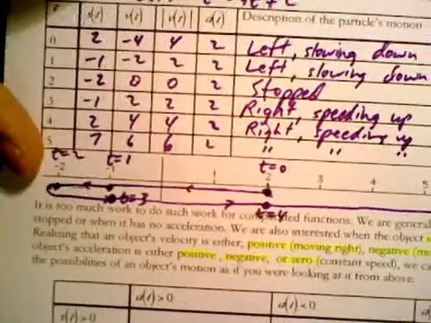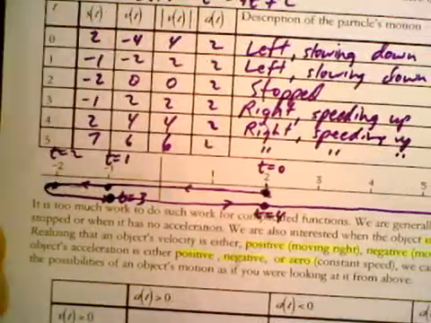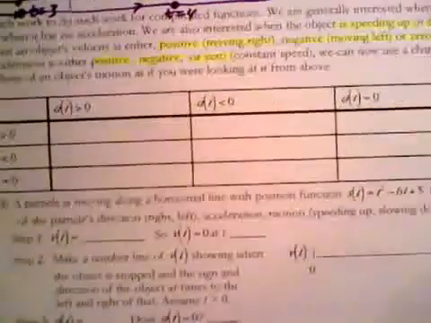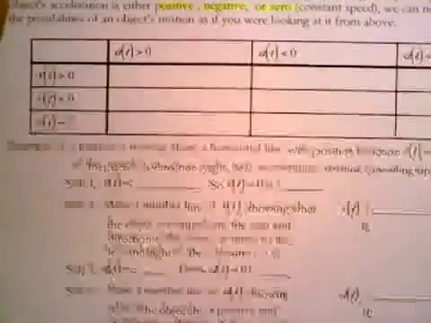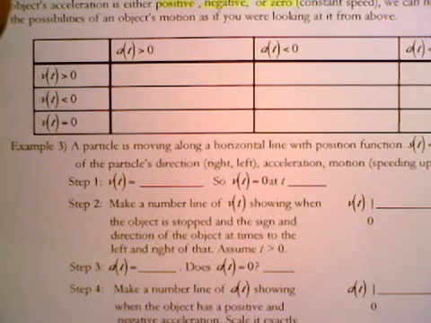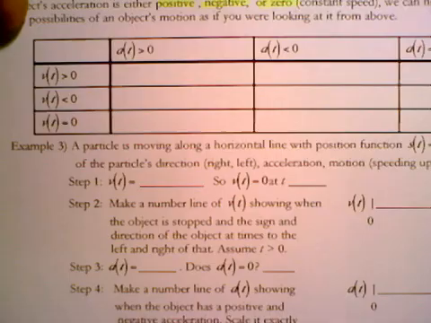If you were looking at it from above. Since I didn't make this worksheet, I'm not sure what the author of this had in mind, but I will just go ahead and fill it out how I see fit.